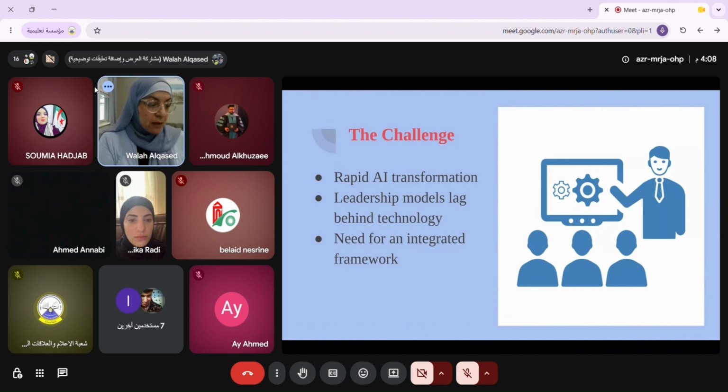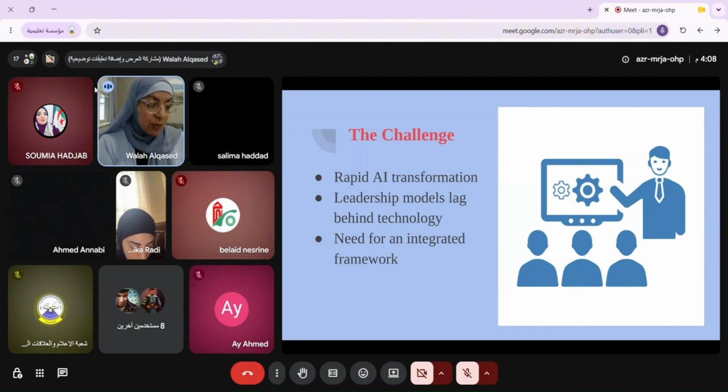The challenge. Educational institutions are experiencing rapid technological transformation due to advances in artificial intelligence. Many leadership models focus either on technology or on traditional leadership without integrating both.